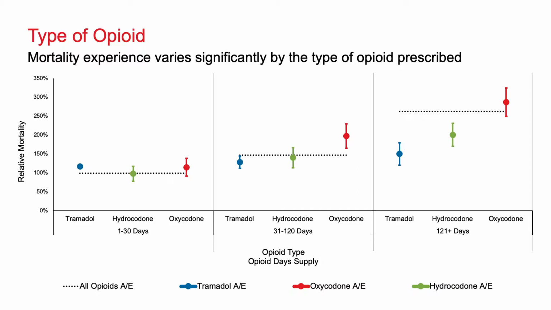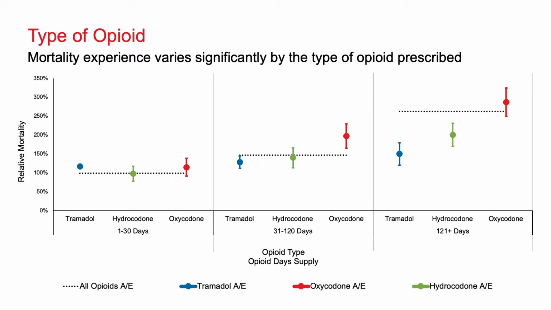What we saw is that for those in the 1 to 30 day supply group, those short-term users, there was relatively no difference in mortality results. However, once we expanded beyond 31 days, that's when we started to notice some big differences. Oxycodone and hydrocodone consistently increased as the duration of opioids prescribed increased.